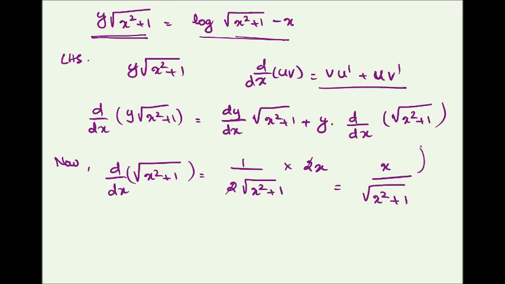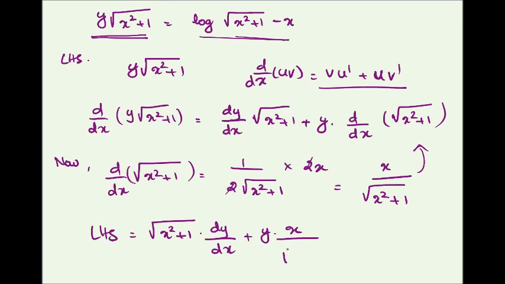So substitute this value here. Then the LHS is equal to √(x²+1) dy/dx plus y into x divided by √(x²+1).